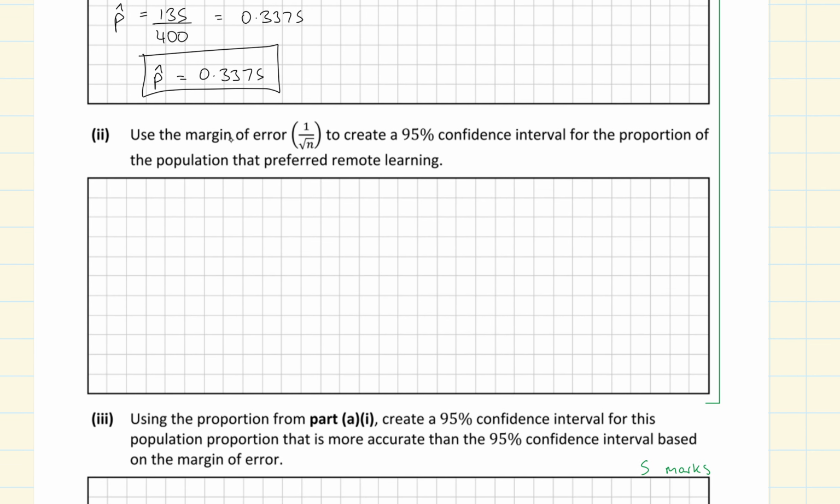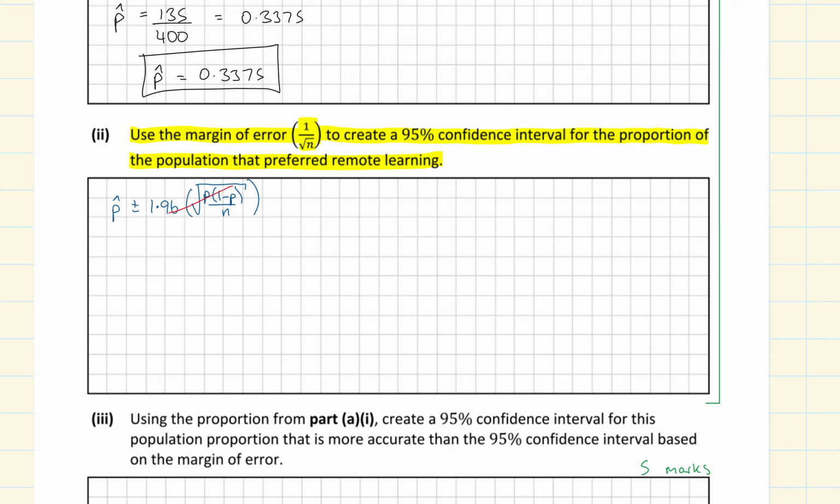Part 2 then says use the margin of error 1 over root n to create a 95% confidence interval. Okay, so usually what we would do here is p hat plus or minus 1.96 times the root of p times 1 minus p all over n.